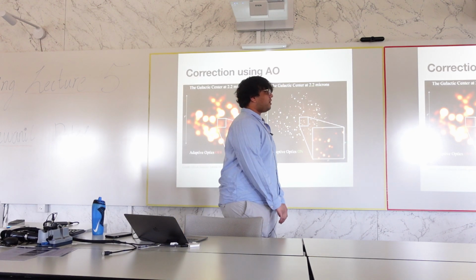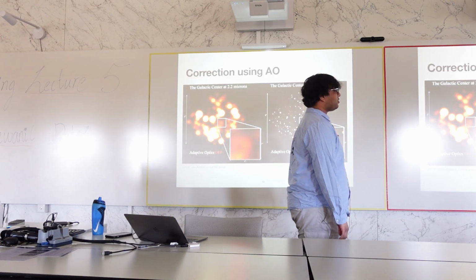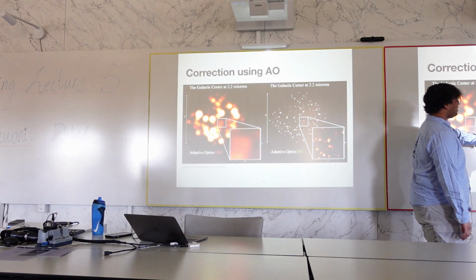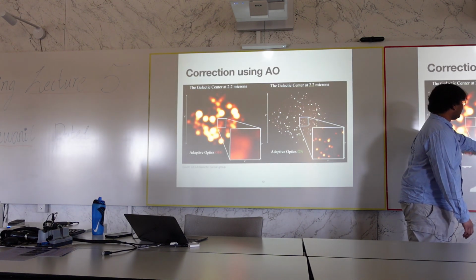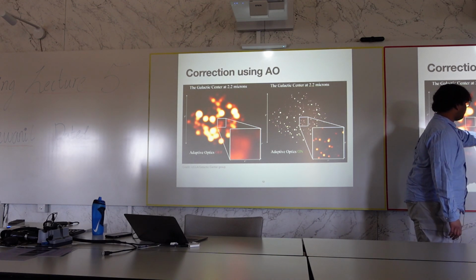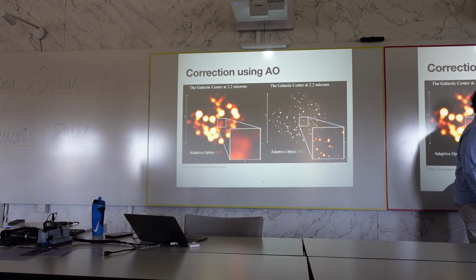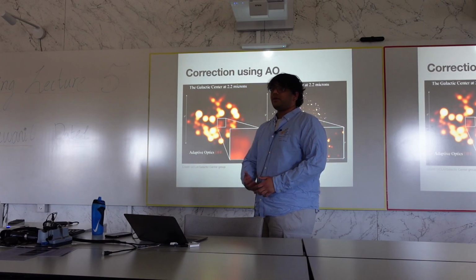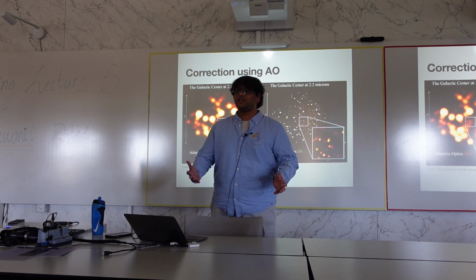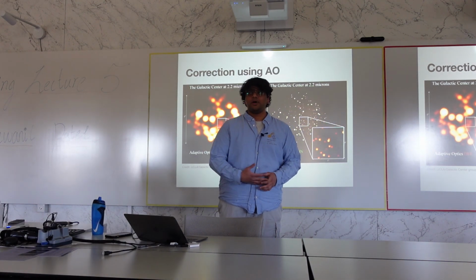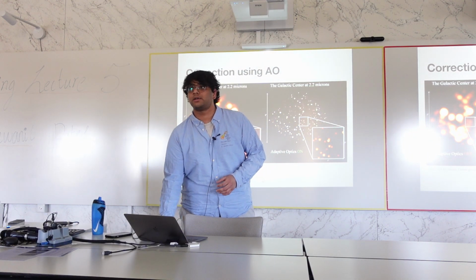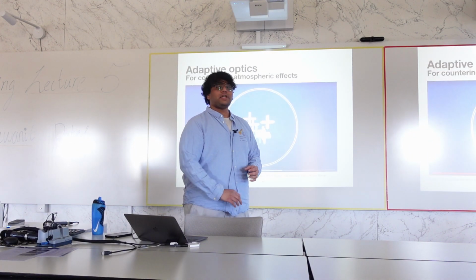You have many more details, so many more stars, and especially in the galactic center, you can see maybe 1, 2, 3 objects over here, but there are so many more. So if you really want to use bigger telescopes, you need to use AO, and you cannot really send bigger telescopes to space.